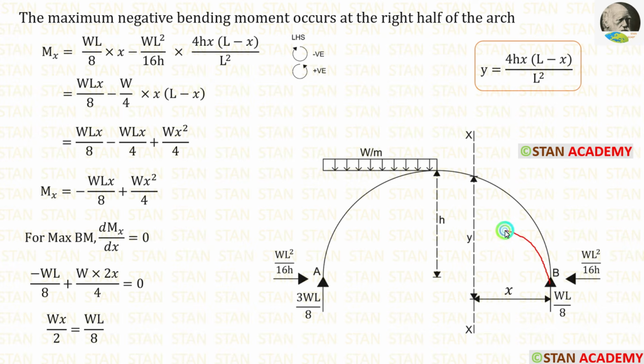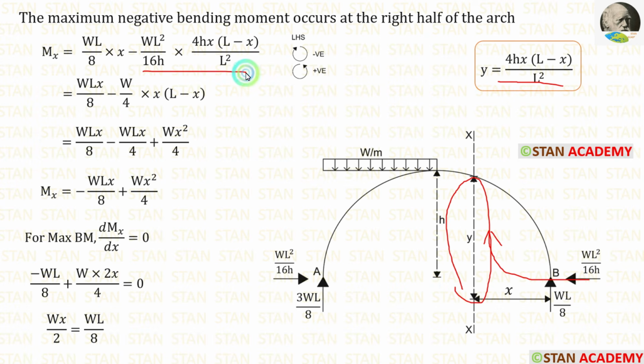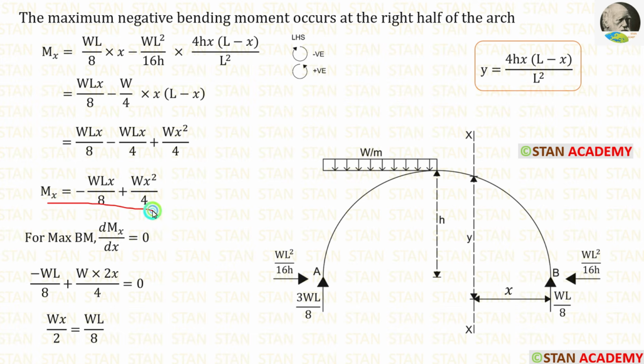The vertical reaction is acting towards the section in the anti-clockwise direction, so it will be positive, and the distance is x, so WL by 8 into x. The horizontal thrust is acting in the clockwise direction, so it will be negative. For the distance, we have to take the height, that is y. We know the formula for y, we can apply that. After making the simplifications, we are getting this.